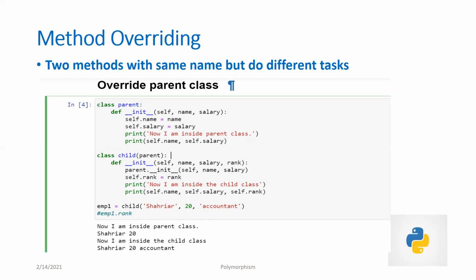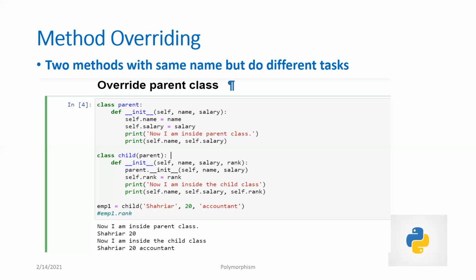So what is method overriding? Method overriding is when two methods have the same name but do different tasks. That means two methods may exist in different classes. They do not do the same things, but they have the same name.